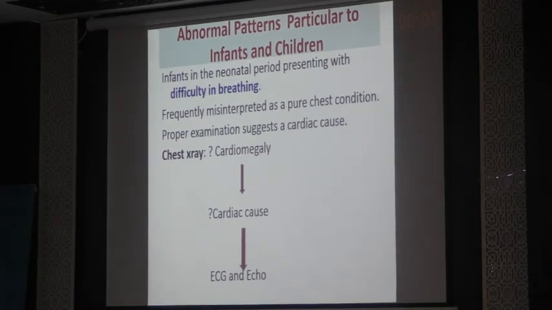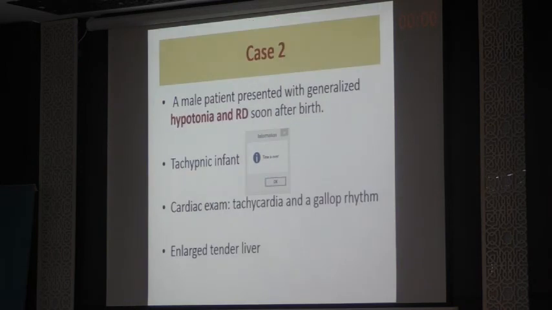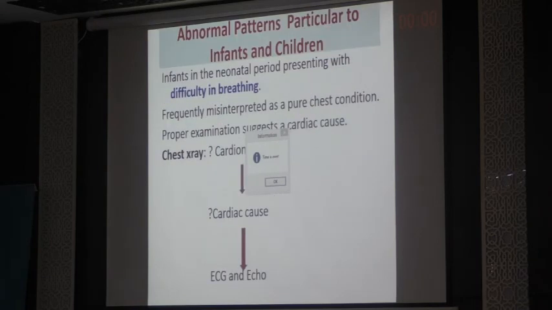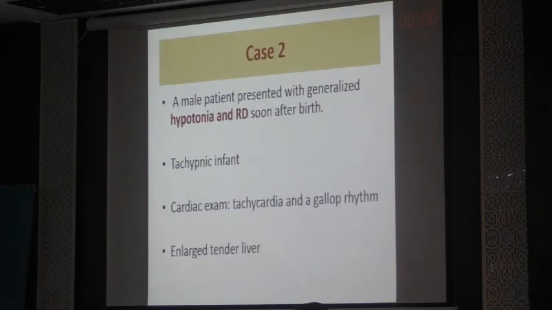Auscultation of the heart, with the gallop rhythm and the muffling and so on, is not that easy for everyone. Cardiomegaly in this patient might suggest that there's a cardiac abnormality, so we have to look for a cardiac cause by ECG and echo.